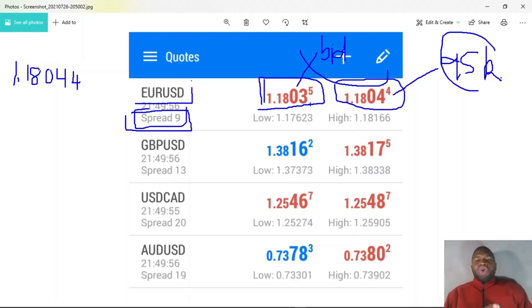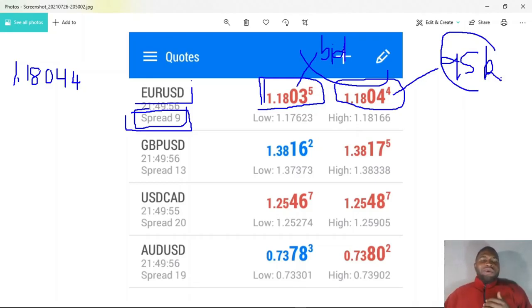So one thing you just have to appreciate is that if you were to go to the bank and you want to buy a currency, the price at which the bank is willing to give you that currency is different from the price at which the bank is willing to buy that currency.